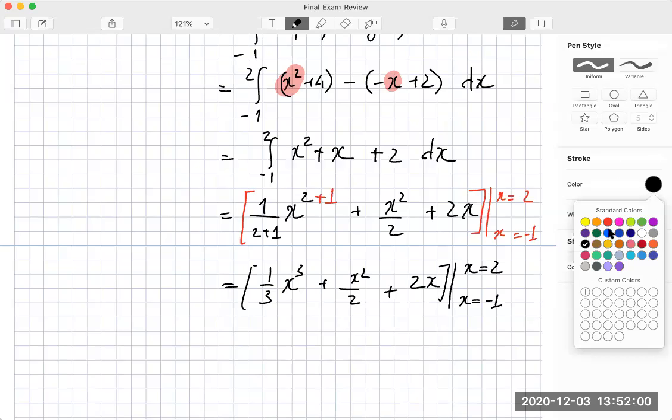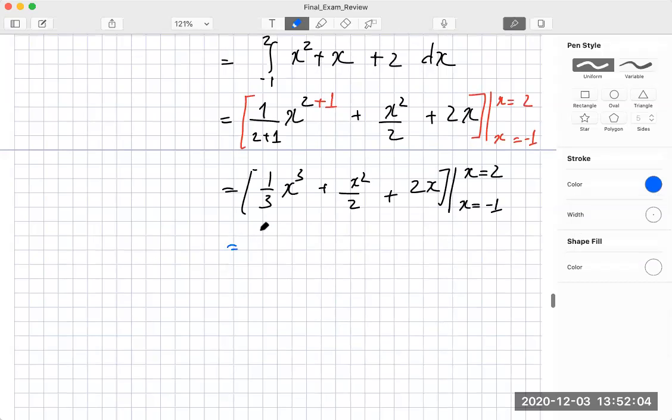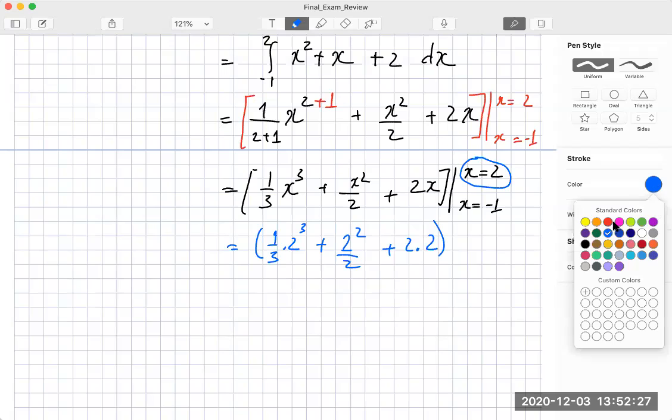The upper limit: we replace x by 2. It is 1/3 times 2 cubed plus 2 squared over 2 plus 2 times 2. That is the evaluation at the upper limit.